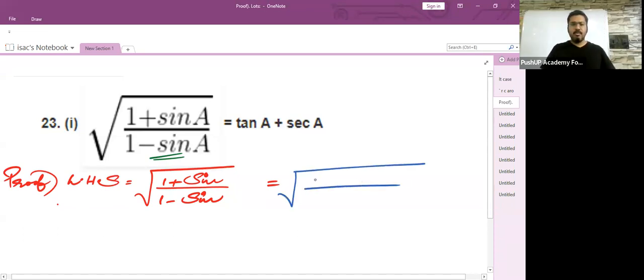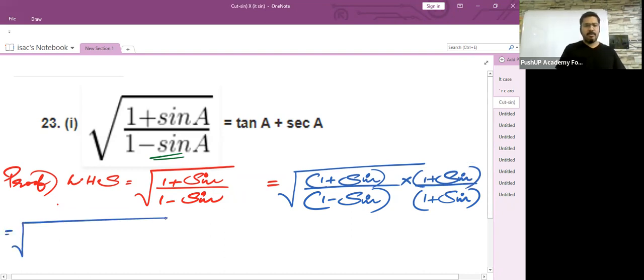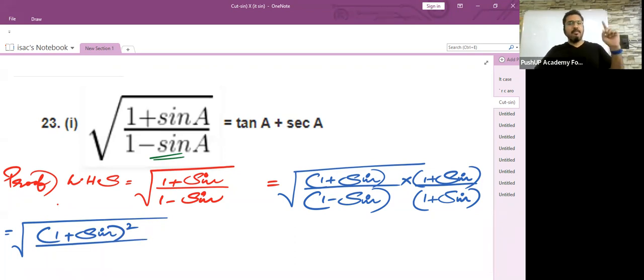So let's multiply the numerator and denominator with 1 plus sine, here also 1 plus sine. Now this is equal to square root of, what will be the numerator? 1 plus sine into 1 plus sine, which is 1 plus sine the whole square.